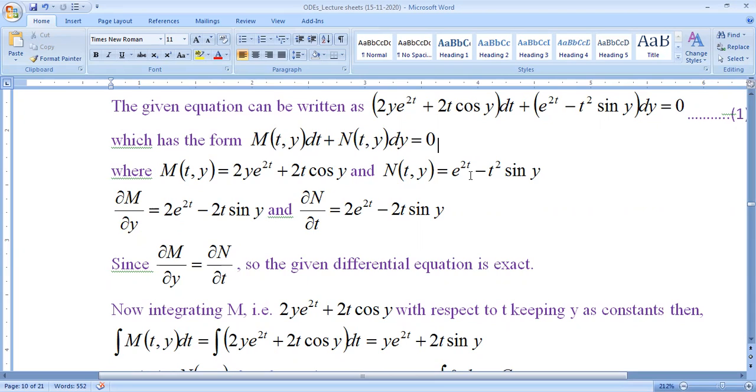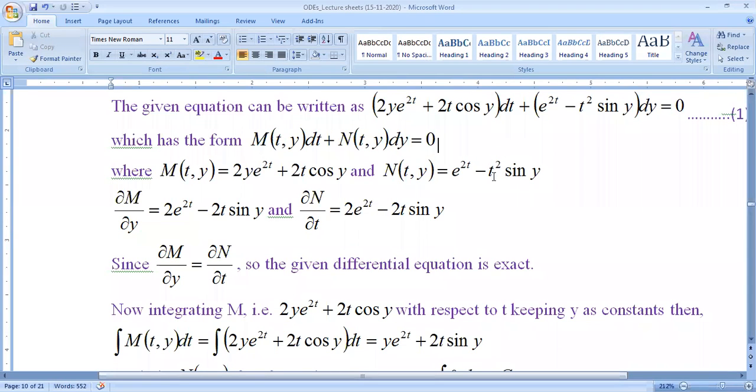Now taking the partial derivative of N with respect to t. Here y will be constant and t will be the variable. So the derivative of e^(2t) is 2e^(2t), using the formula for e^x but multiplying with the coefficient of t, which is 2.